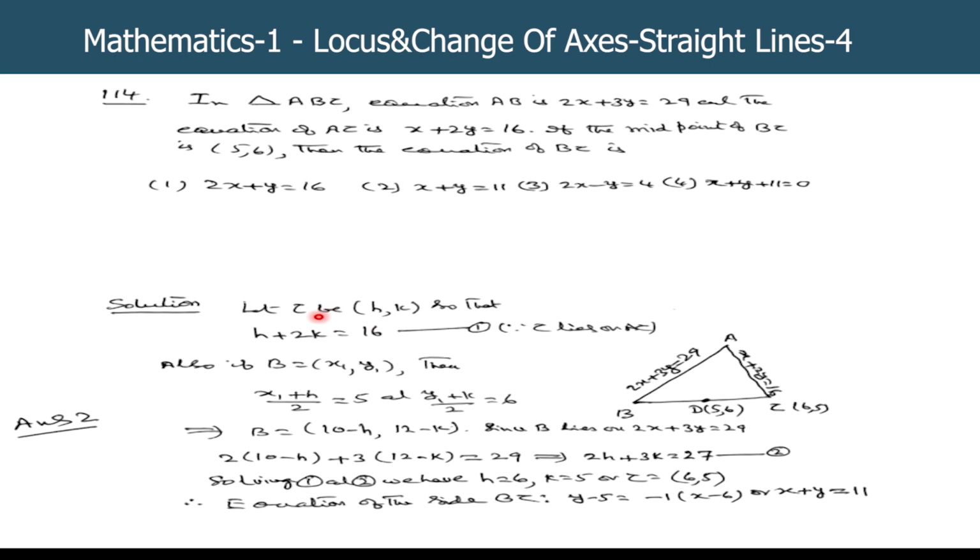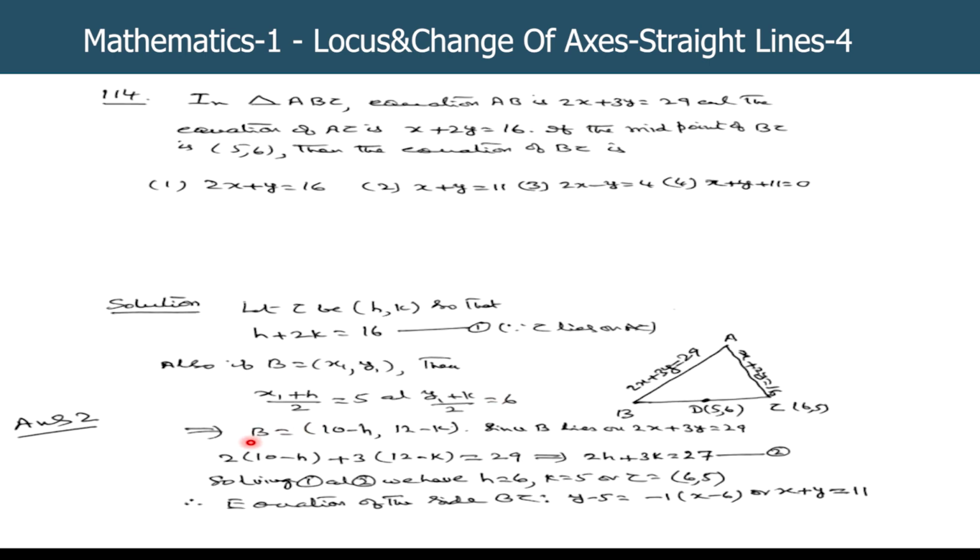Okay. Now, let C equal h comma k, so that h plus 2k equals 16 because C lies on the line AC. See the diagram. And also B equals x1 comma y1, then (x1 plus h) by 2 equals 5 and (y1 plus k) by 2 equals 6 because the midpoint of BC is 5 comma 6.